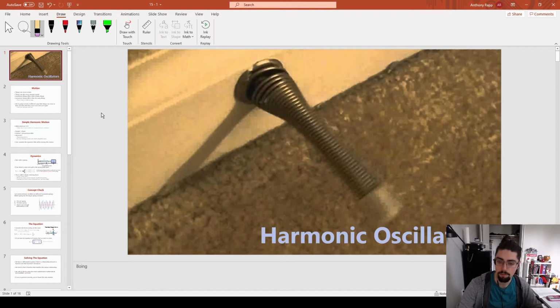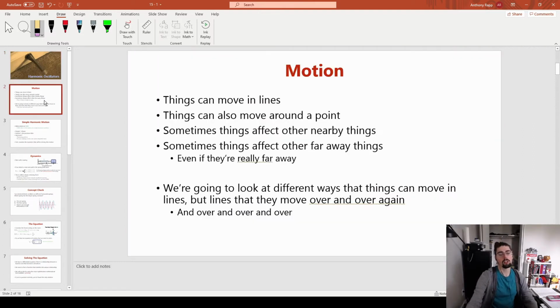So, the name of the game today is harmonic oscillator, something very different from what we've been talking about, at least last chapter. But let's do a recap of the course. We looked at things moving in lines. Then we looked at things moving across two lines. Then we looked at things moving around a point.